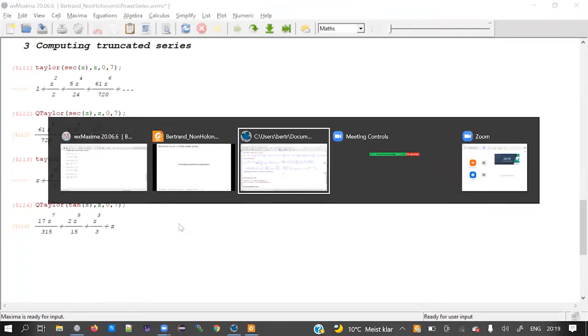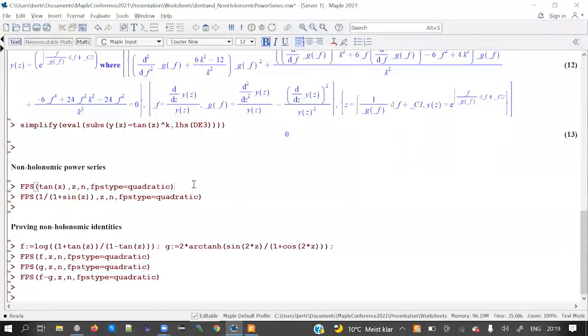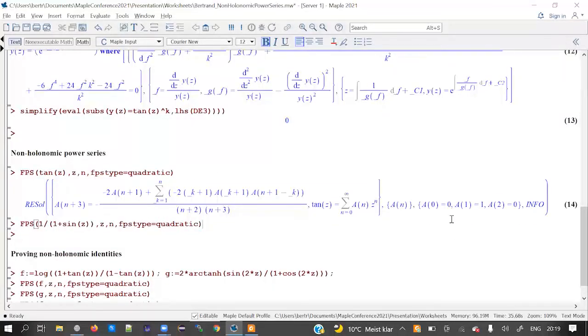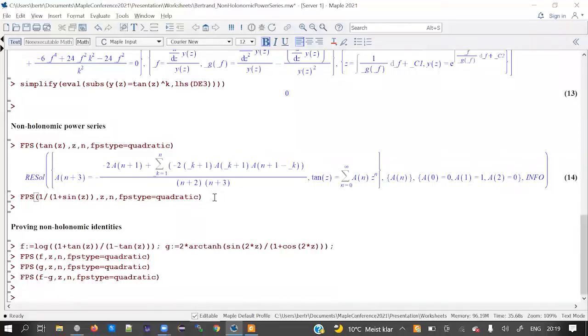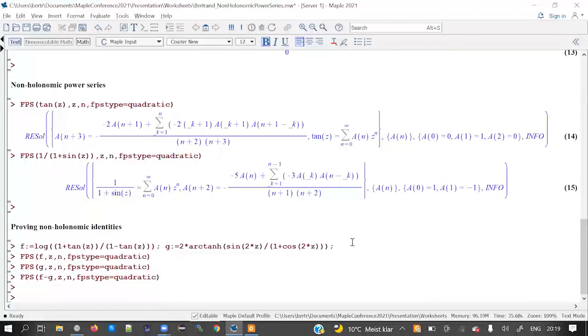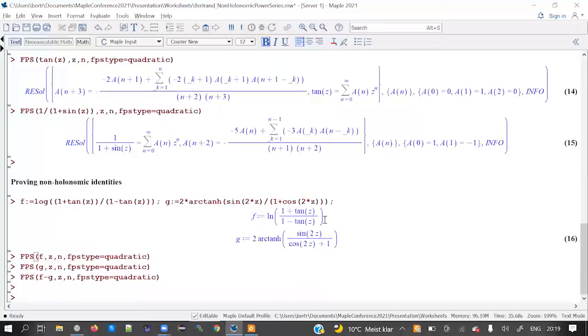Now let's see some series computations. For tangent, the found representation is here, with 3 initial values. For the reciprocal of 1 plus sine z, here is what we got with 2 initial values. We can also prove identities if we consider, for example, these two functions, f and g.